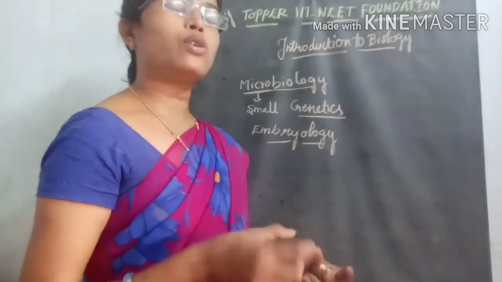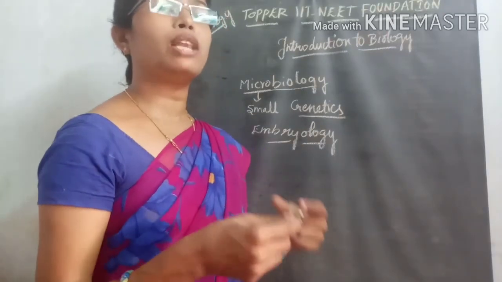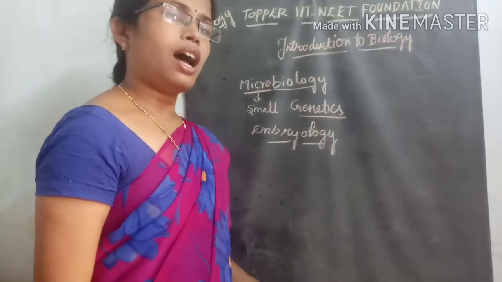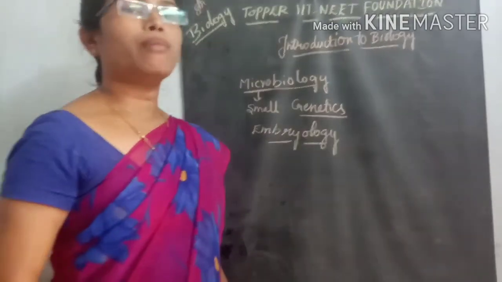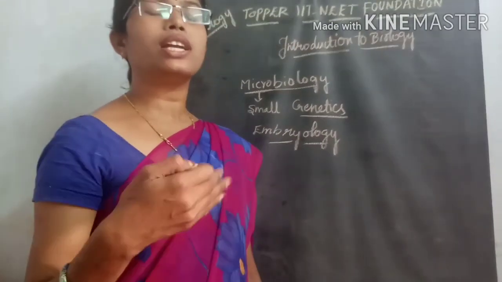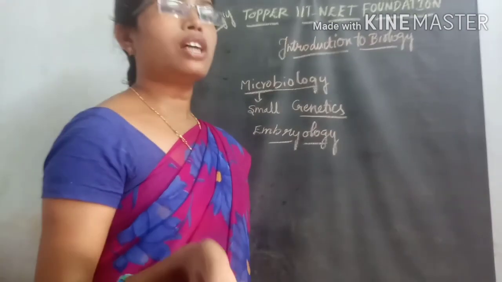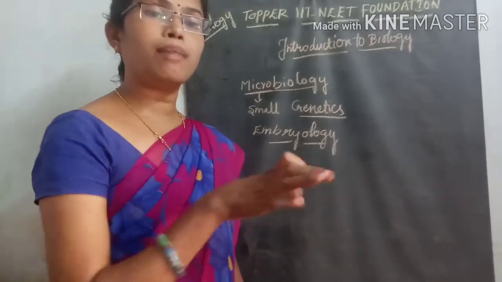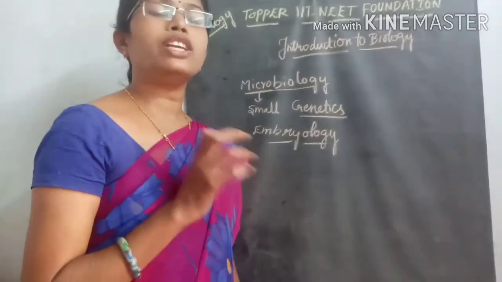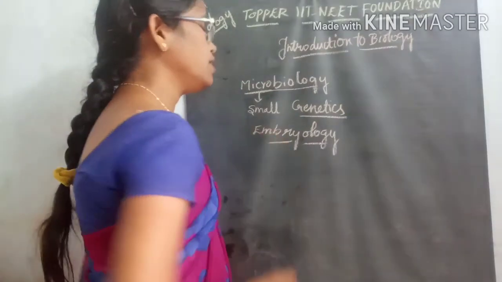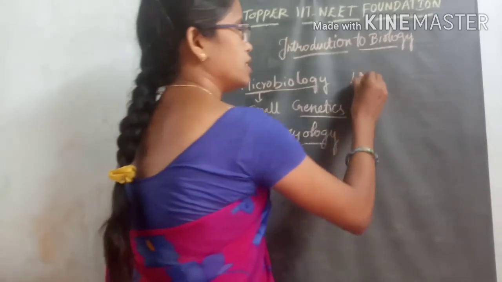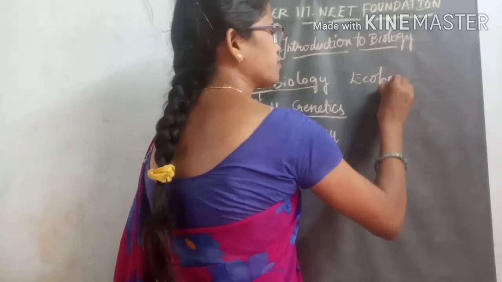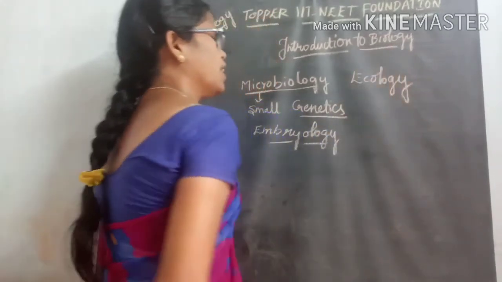From the fetus, a new organism arises. All of these come under embryology. The formation of the embryo and the embryonic developmental stages occurring in living organisms come under embryology.